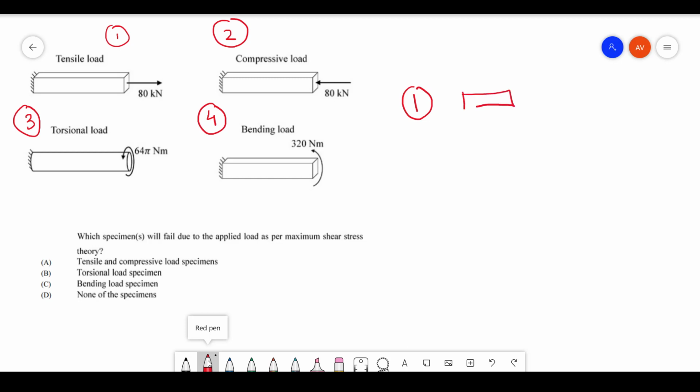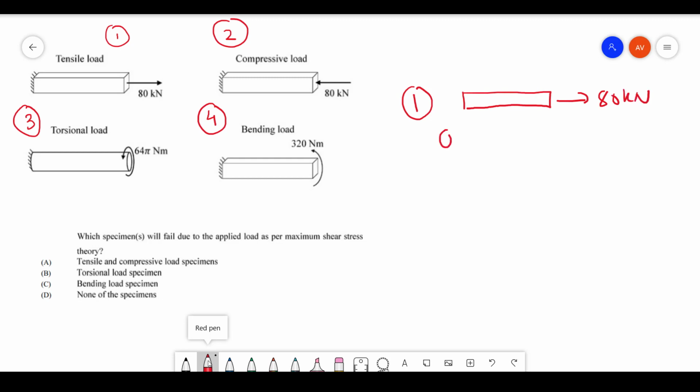Now this is the simple case. You have a bar, not a rod, under tension, with 80 kilonewton force.